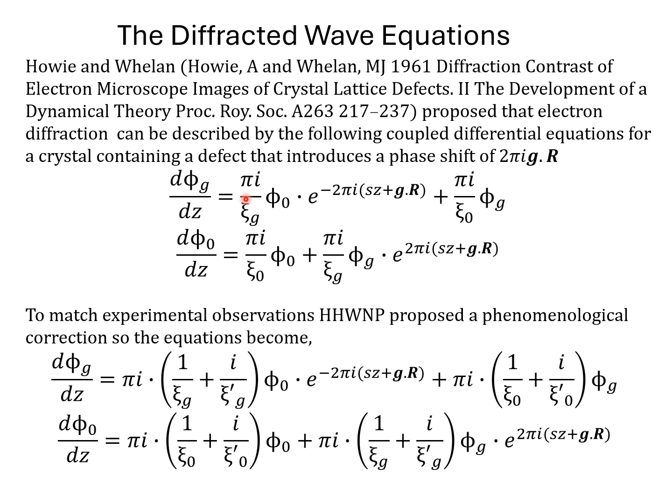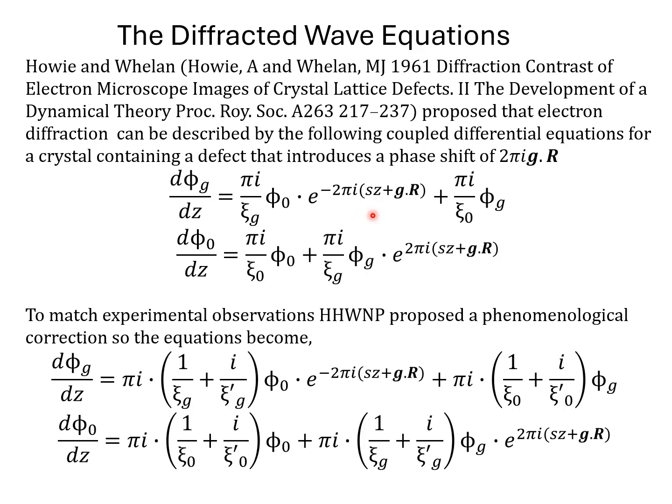You get some change in the amplitude because of diffraction effects, which are dictated by the distance over which this occurs. Like say 100% distance is psi g, and dz says what fraction of this 1 over psi g we're considering at each step as we proceed down the crystal.